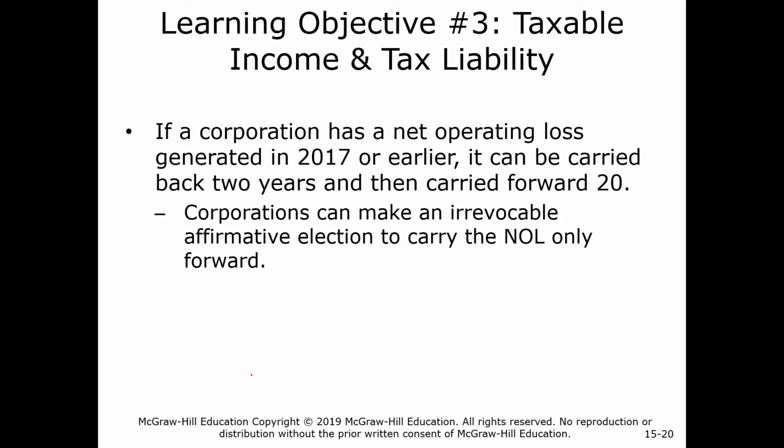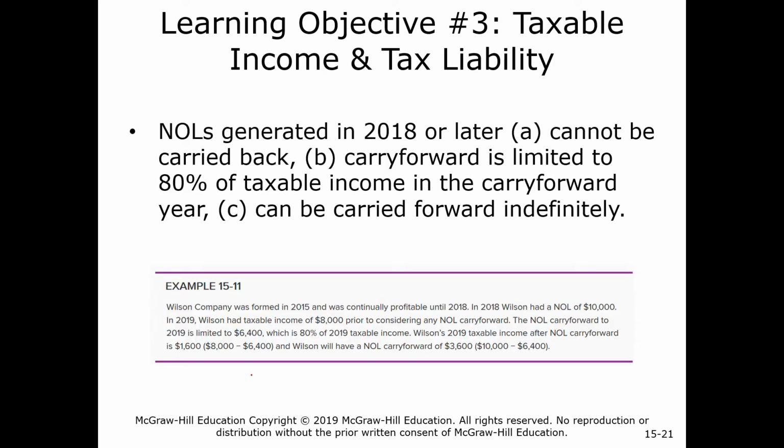Now, if a corporation has a net operating loss generated in 2017 or earlier, it can be carried back 2 years. However, in 2018, under the new law, NOLs are limited to 80% of taxable income, and they cannot be carried back.